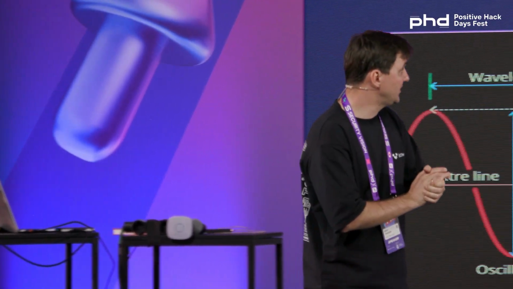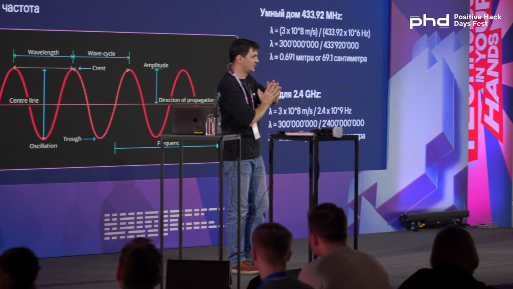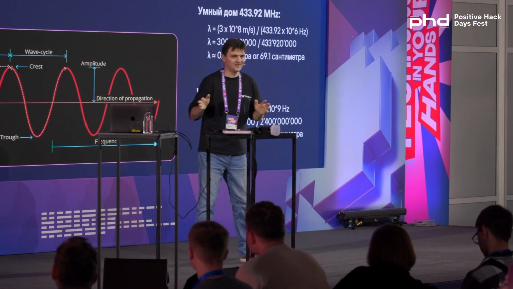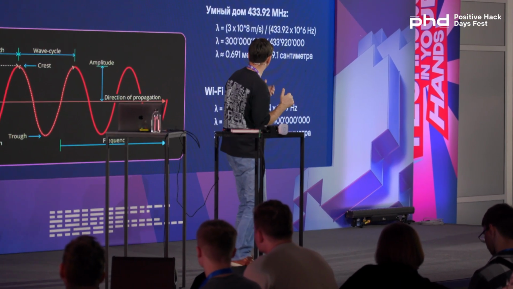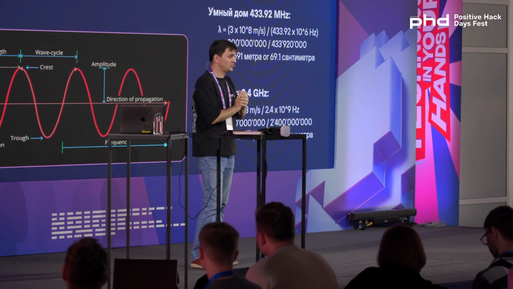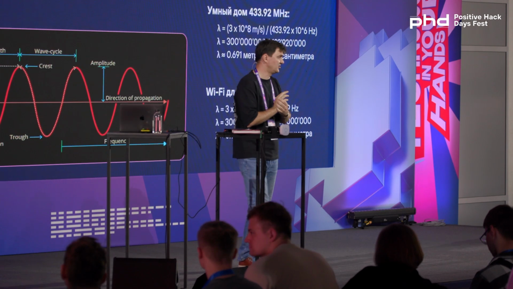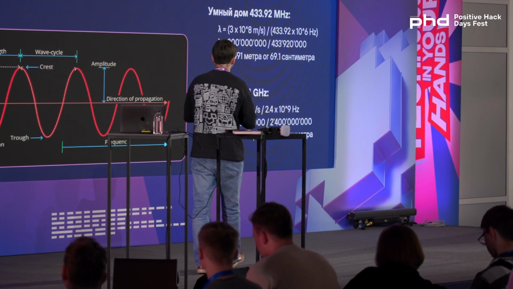Antennas are different, and as you can see, in FM it's 3 meters, you will never see a 3-meter long antenna. Never. That's why to receive and transmit signals at this frequency, we use a so-called half-wave antenna or quarter-wave antenna.